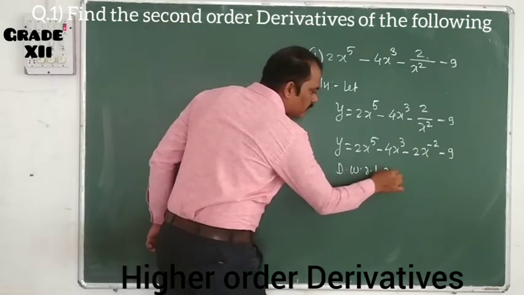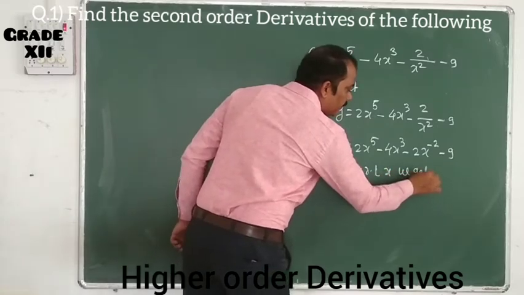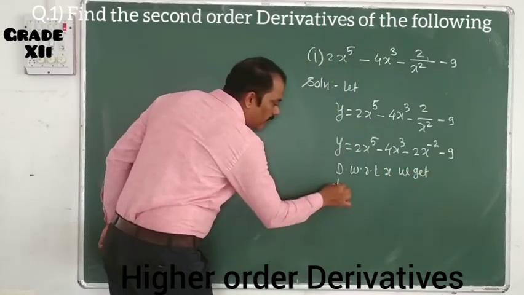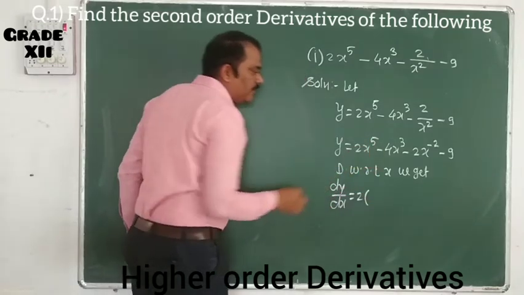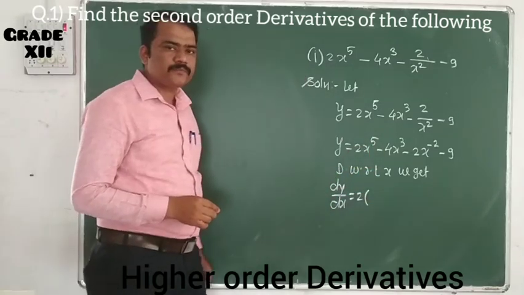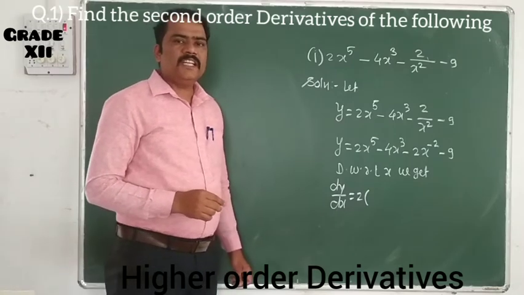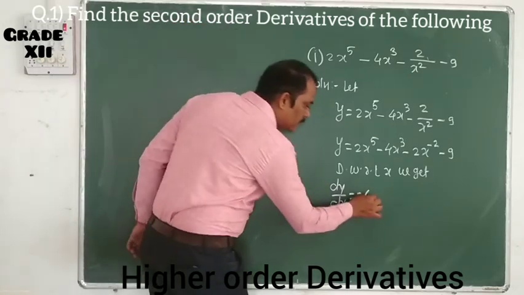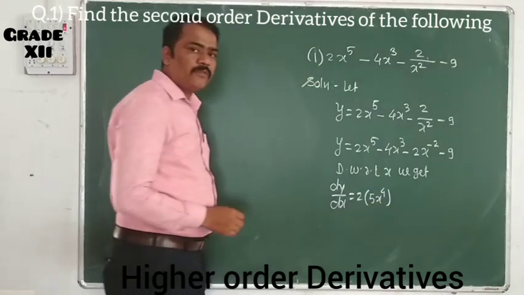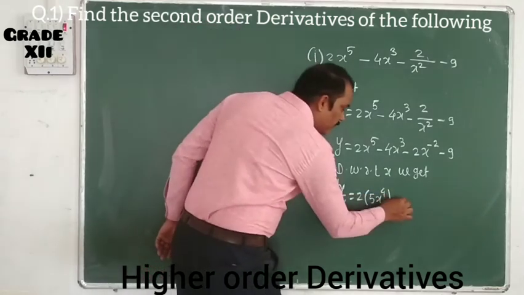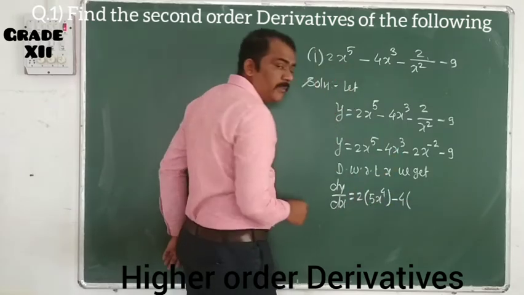We get dy by dx is equal to 2 into, what is the derivative of x raised to 5? Derivative of x raised to 5 is 5 times x raised to 4 by using the power function formula, minus 4 into, what is the derivative of x cube?